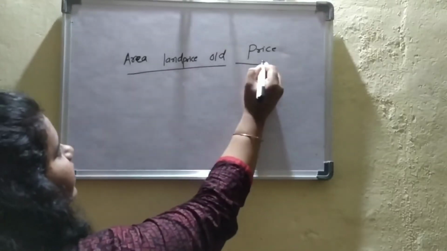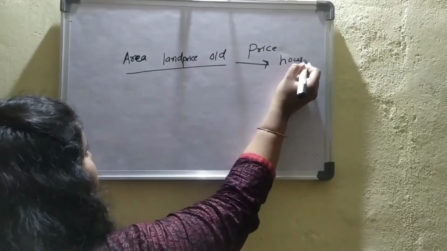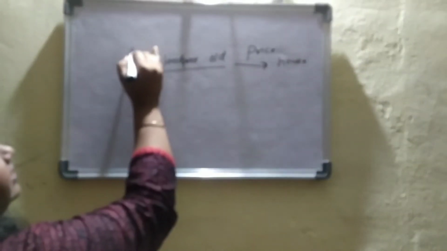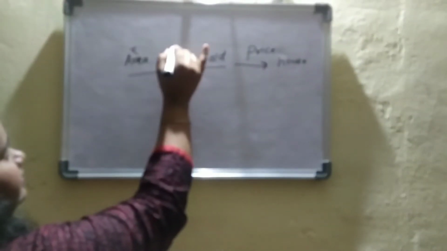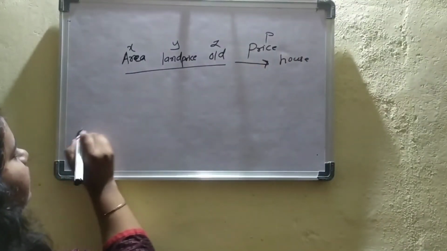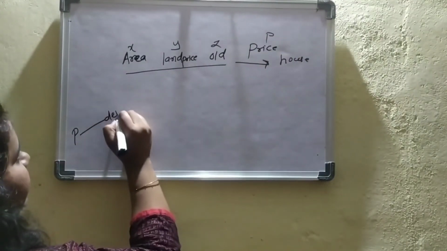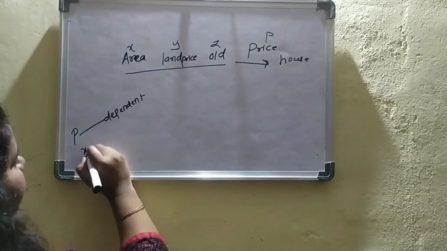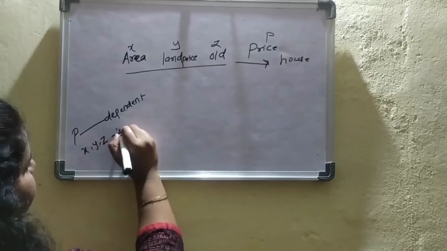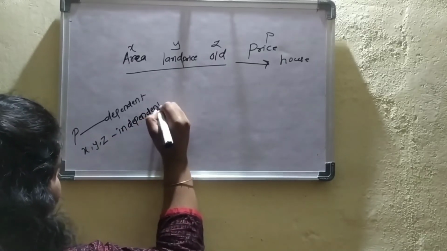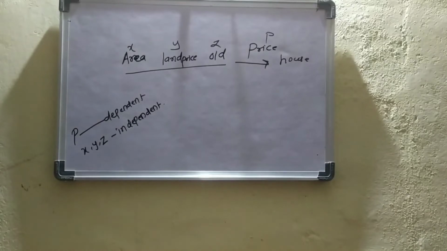Based on these three factors we can predict the price. So here there are three variables, x, y and z, and p is the price that we are predicting. Here p is the dependent variable and x, y and z are the independent variables. We want to predict the price, the dependent variable, based on these three independent variables.